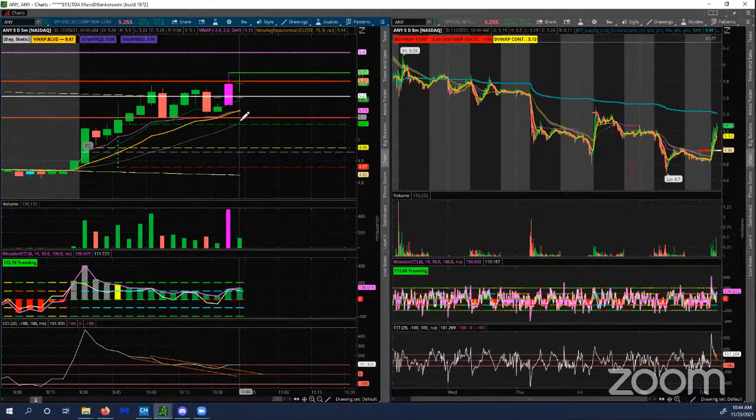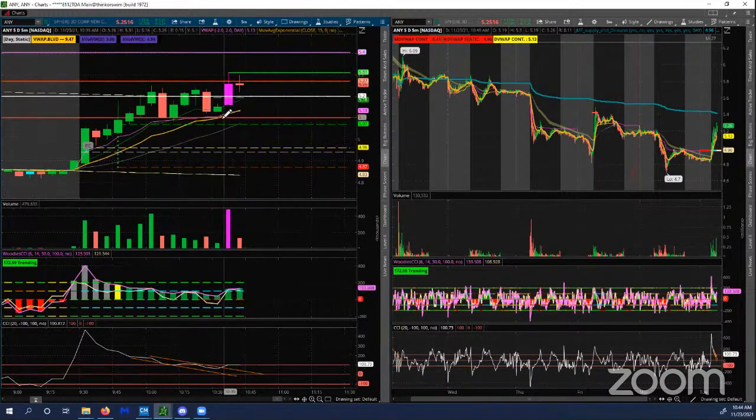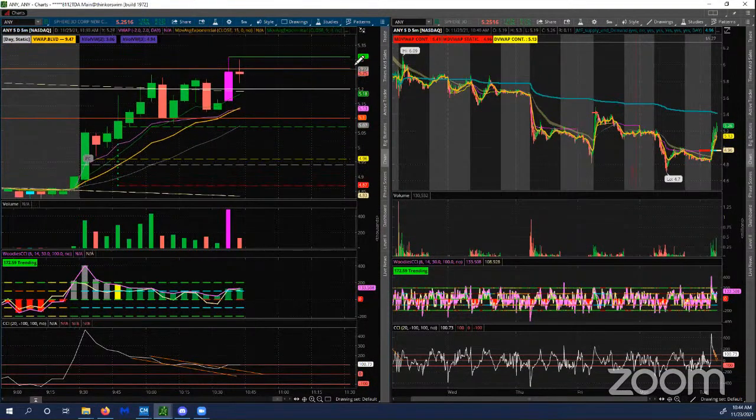Retest 5. We'll see if it can retest this $5 level down here. But man, that's an ugly candle too. Yeah, that was just beautiful, just accumulating. I just can't justify buying that thing.